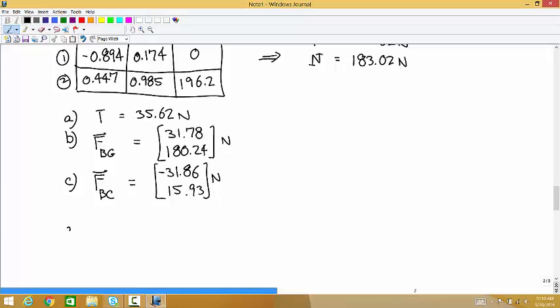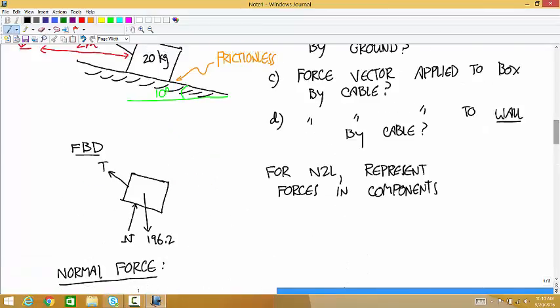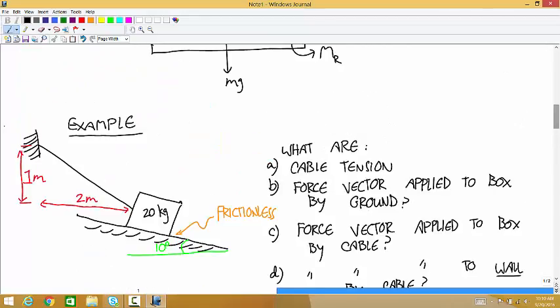And then the last one was the force vector on the wall by the cable. In general, you have to do that by multiplying, like, we know that everywhere along this cable, that cable's applying a magnitude of a force equal to the tension that we calculated. In general, we have to use a unit vector then to figure out the direction.